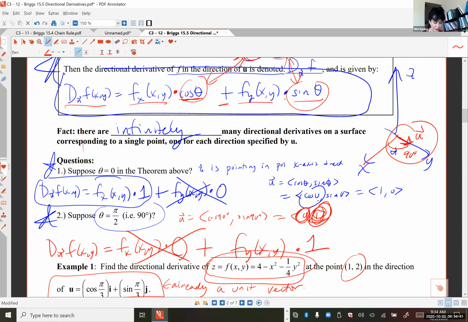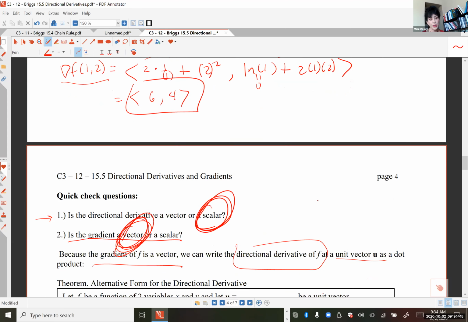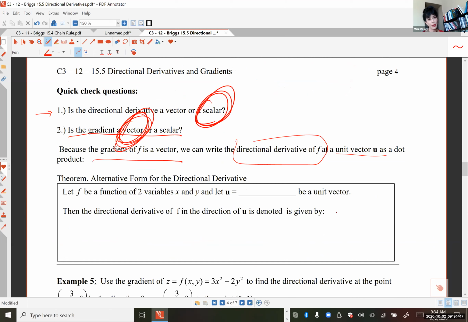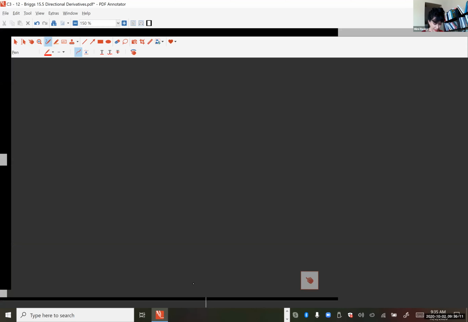So this new definition for directional derivative that we're about to write down isn't really a new theorem. It's the same thing as the original, but now we're just showing you who it is the dot product of. So you still need a unitized direction vector pointing you in the direction that you want.